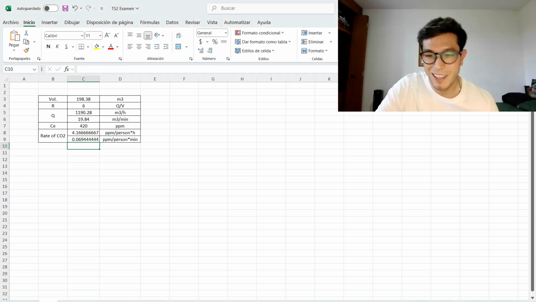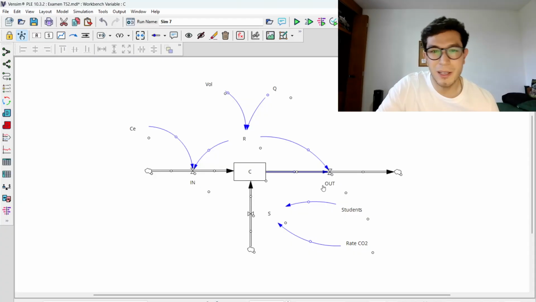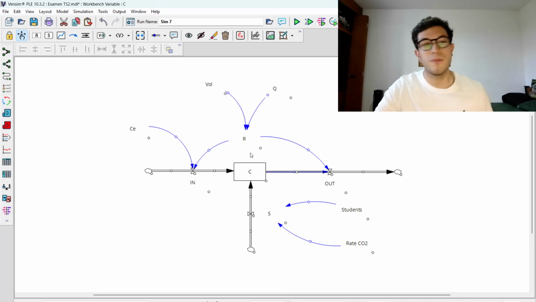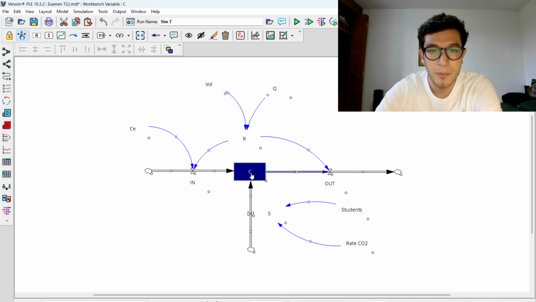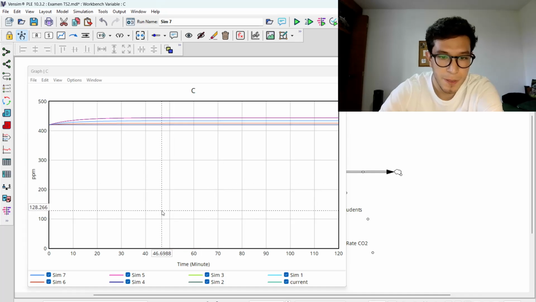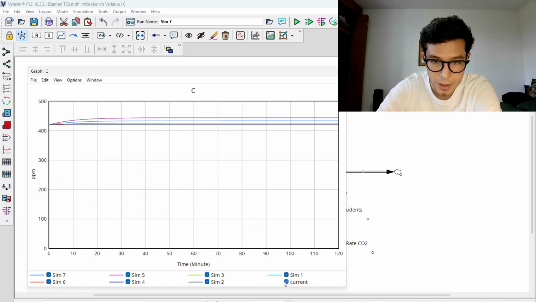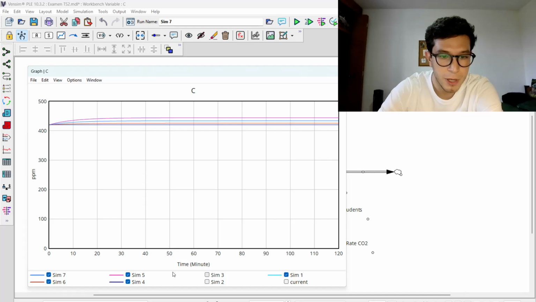But we didn't make it function in Vensim. What I did to simulate different conditions of students was just to run different simulations like this. Let me get this out of the way to be able to show you.